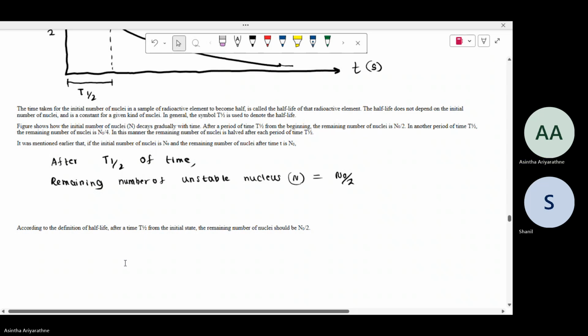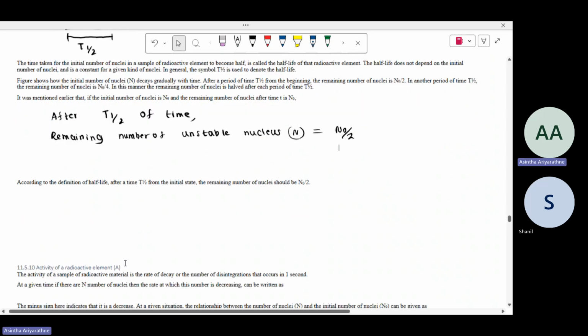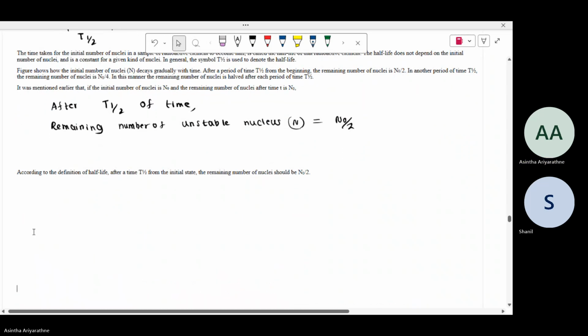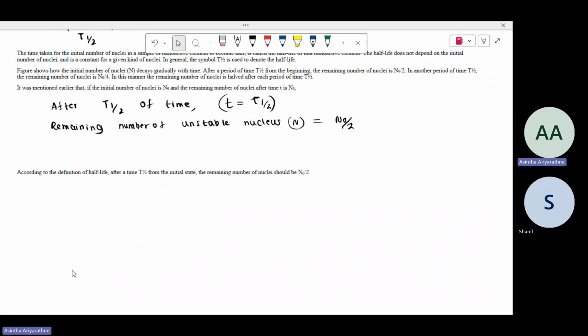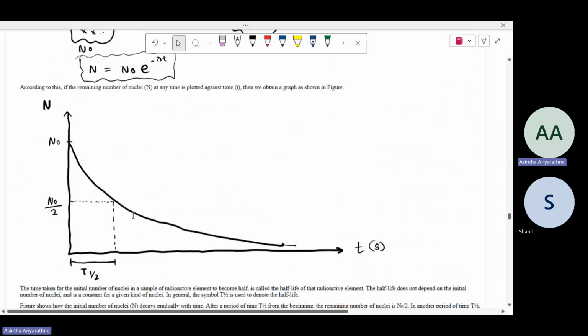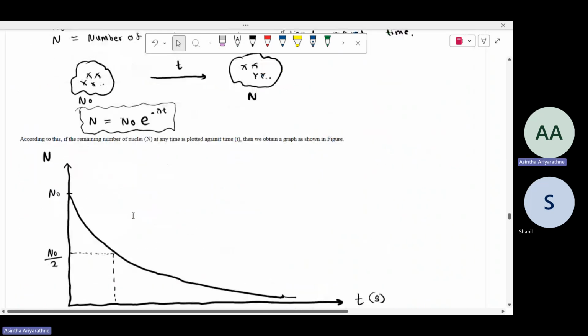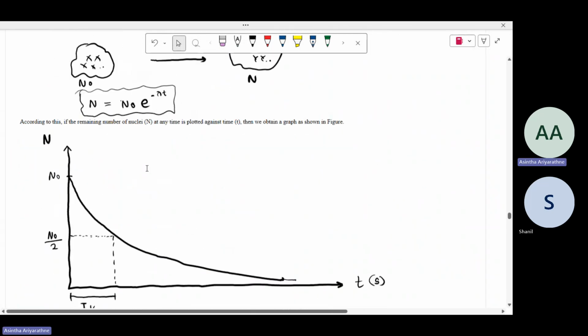Then we can find, so here t is t half and N is N naught over 2. So we can substitute these values into this equation: N is equal to N naught e to the power minus lambda t.